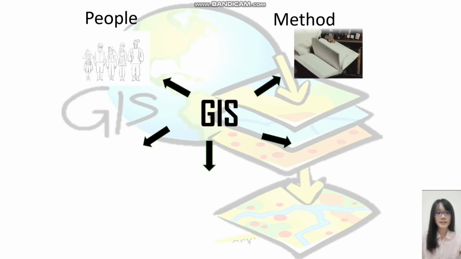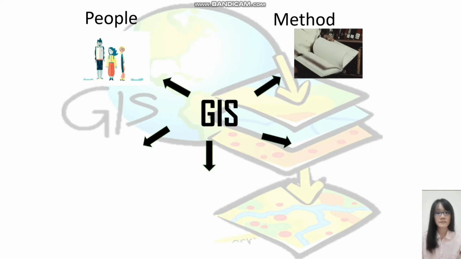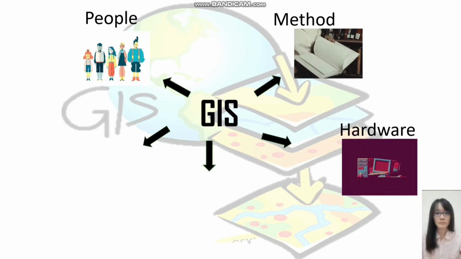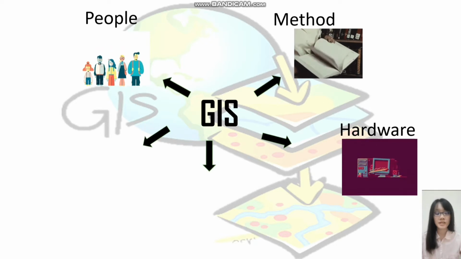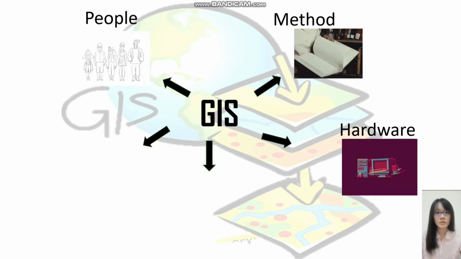Second is method. Methods are well-designed plans and application-specific business rules describing how technology is applied. Third is hardware. The hardware is the computer and peripherals on which the GIS operates. Today, this could be a centralized computer server running the Unix or Windows NT operating system, a desktop PC, or an Apple Macintosh.